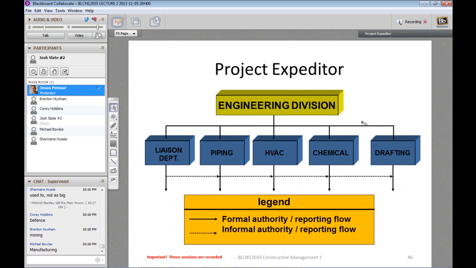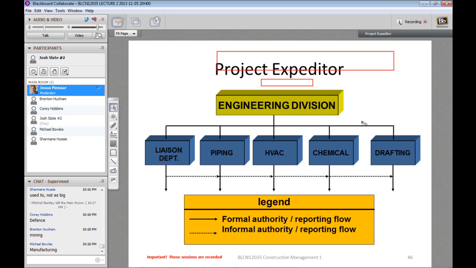All right, so there's our structure. Let's say, for instance, we really want to speed up the process. We might choose an expediter type approach, and this is where we've got a division that takes care of specific actions within that division. That means the piping, HVAC and chemical, all of that stuff forms part of our engineering division, and of course on top of these guys there's going to sit another structure that's going to take care of the management from the top down.